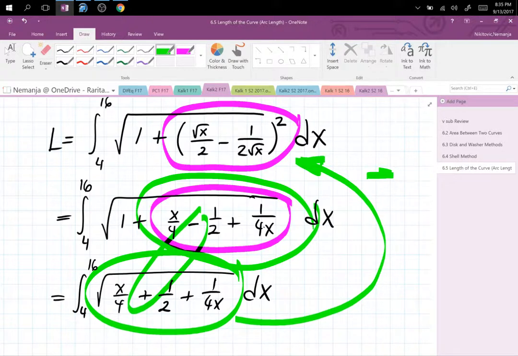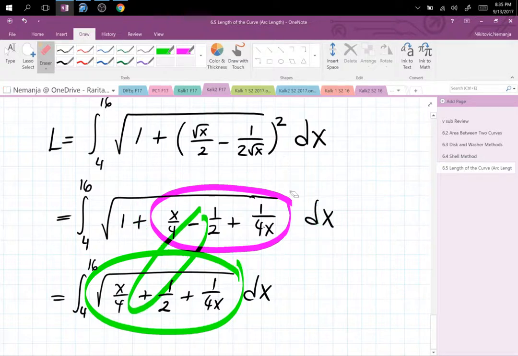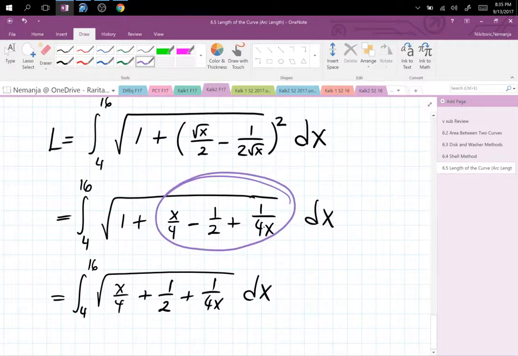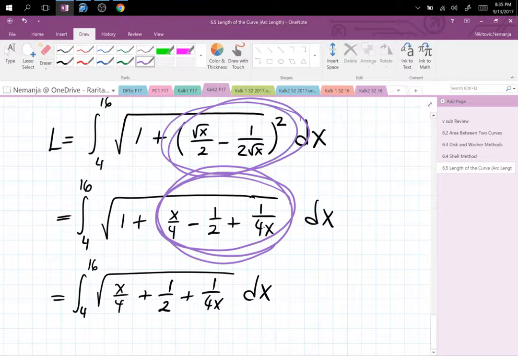Hello, algebra. From scratch. This one came from here by simply squaring it out. You can compress this one into that, right? Using completing the square, right? You go back.